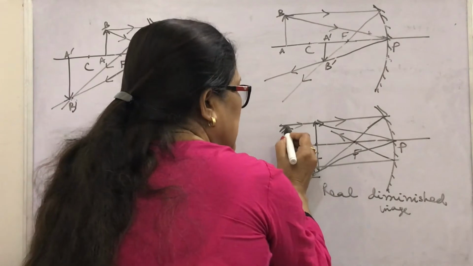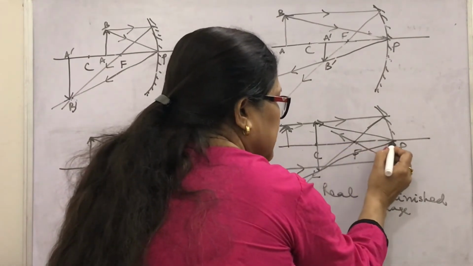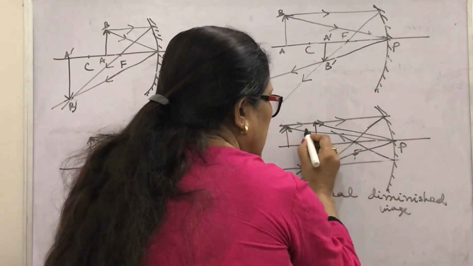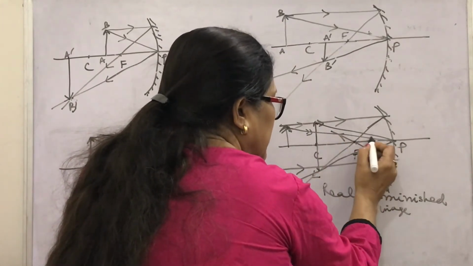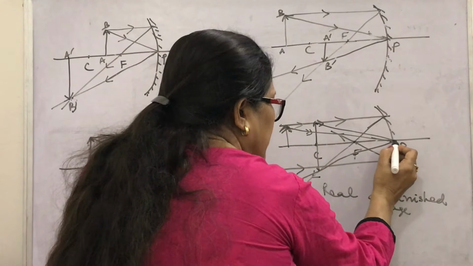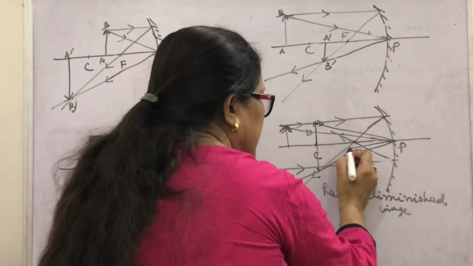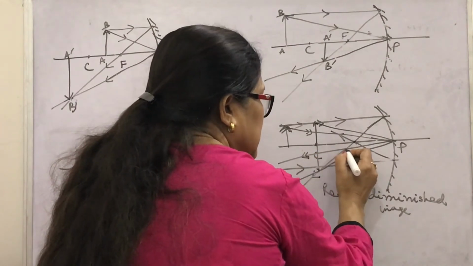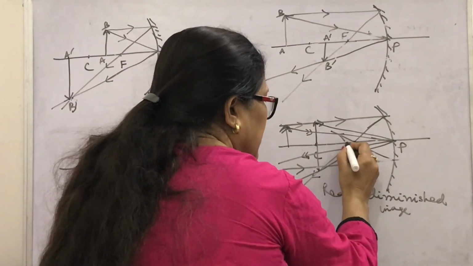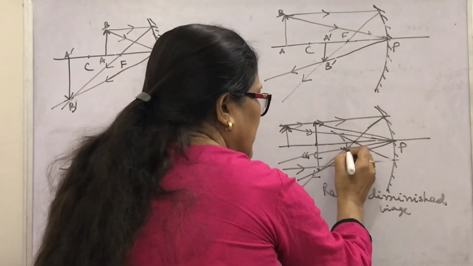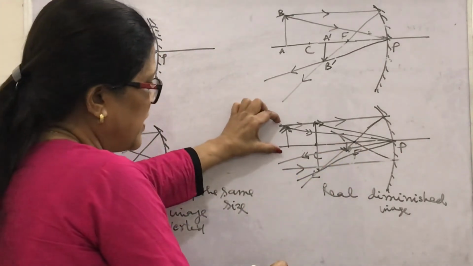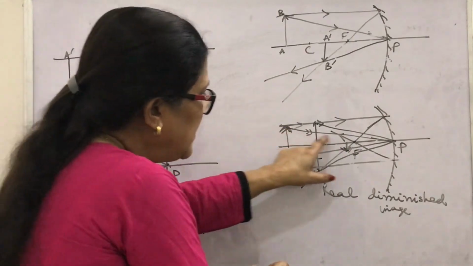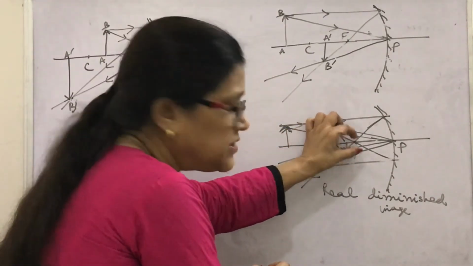But the other ray will come at a smaller angle, which I am marking with two arrows, and it will be reflected. Then what will you find? These two-arrow rays give the image here. This will be diminished, or not? The object is shifted away, and the image is shifting towards F.